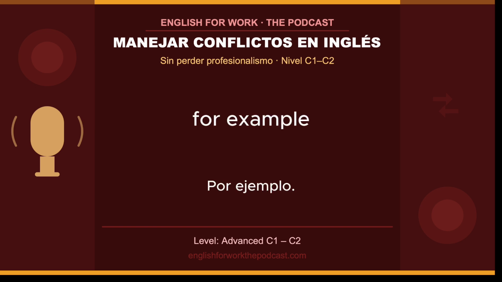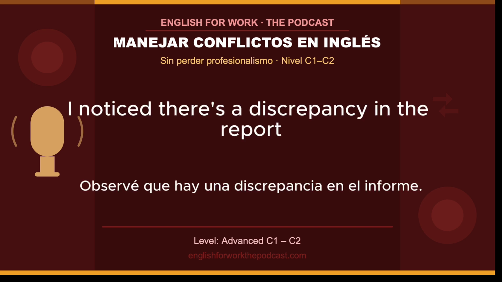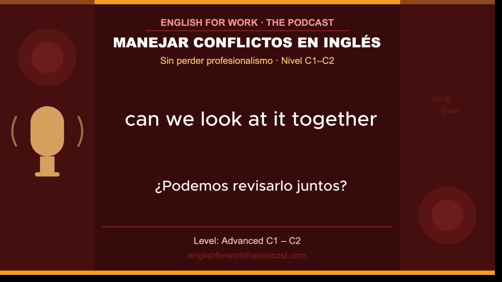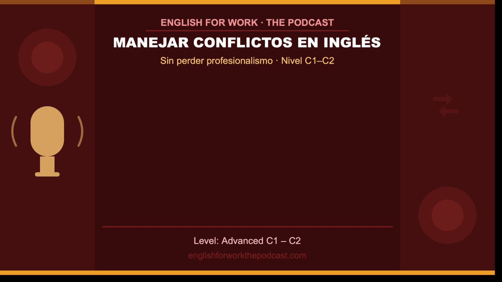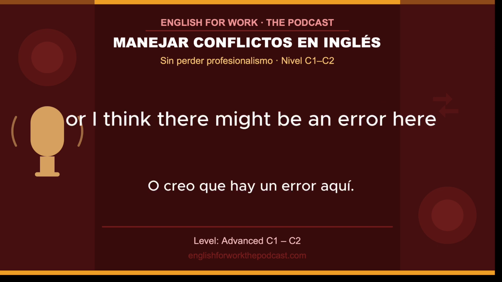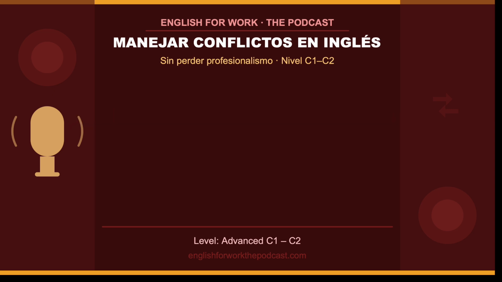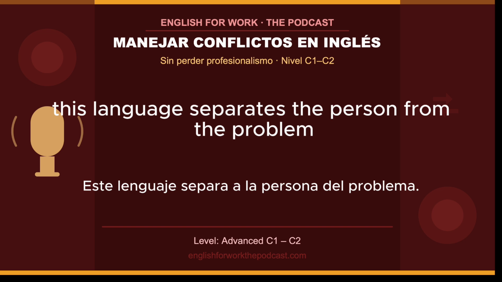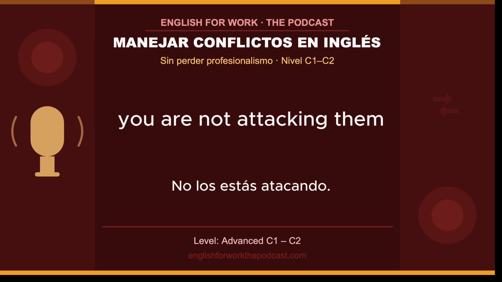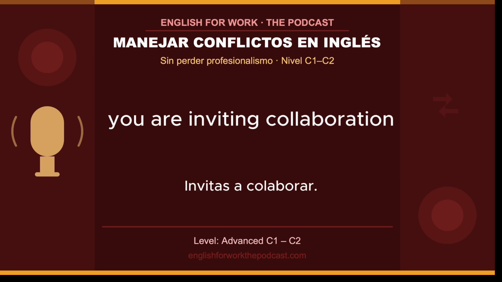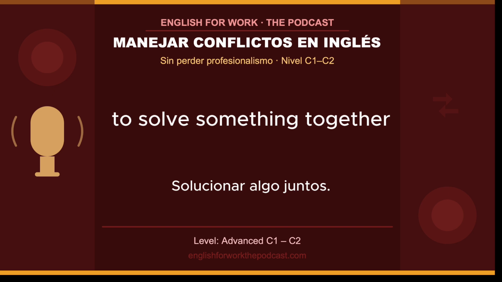For example, "I noticed there's a discrepancy in the report. Can we look at it together?" Or, "I think there might be an error here. Could we double check the numbers?" This language separates the person from the problem. You are not attacking them. You are inviting collaboration to solve something together.